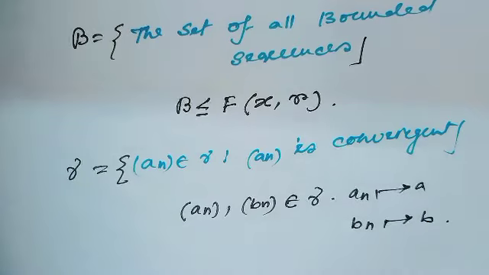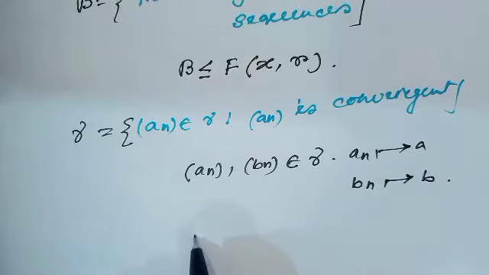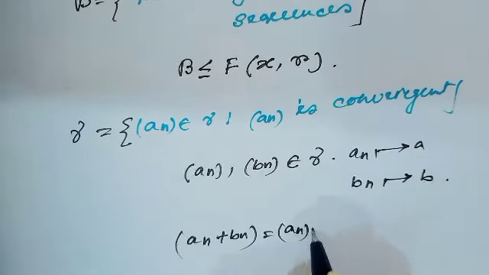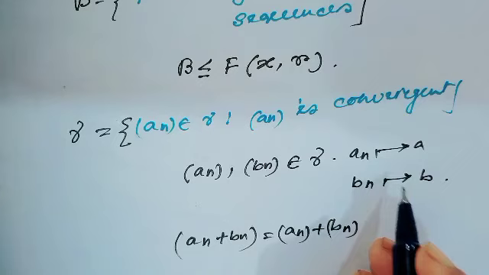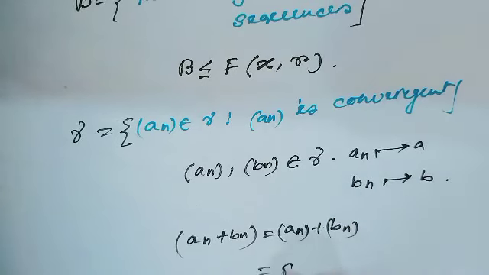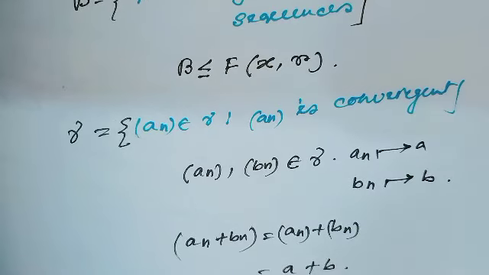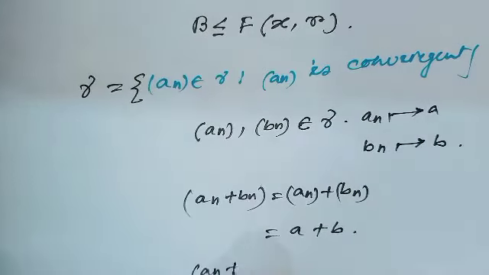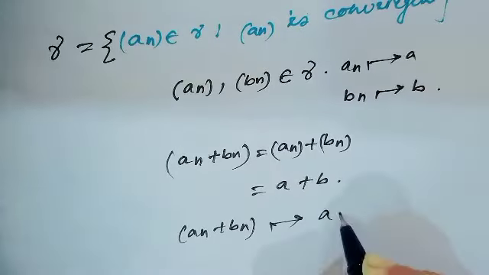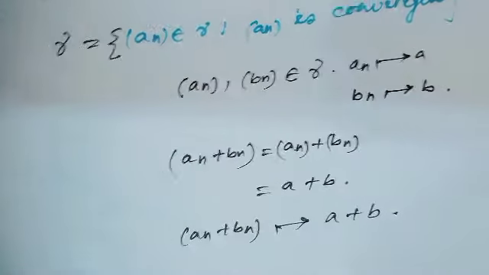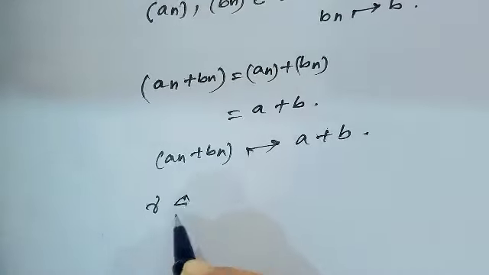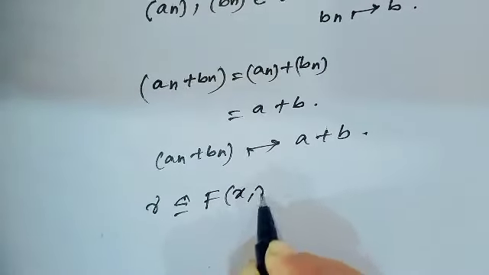For this, an plus bn, and since an converges to a and bn converges to b, this is equal to a plus b. Therefore, an plus bn converges to a plus b. That means gamma is also a vector subspace of the set of all real sequences.